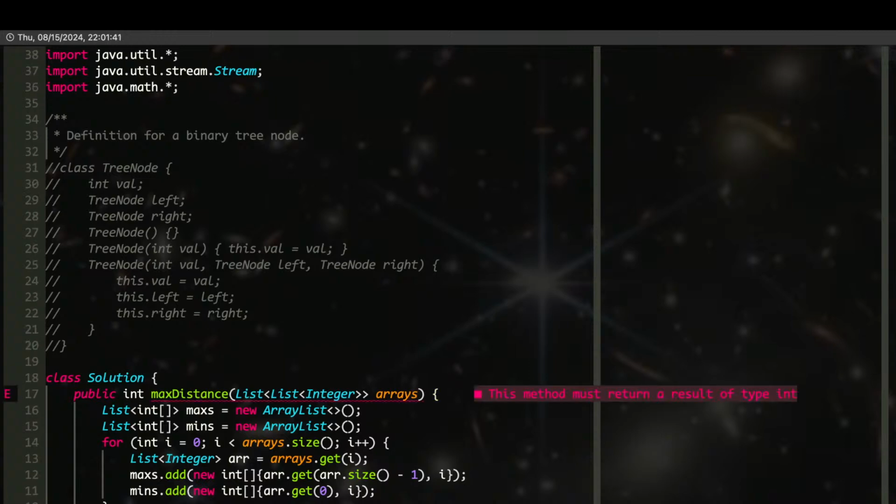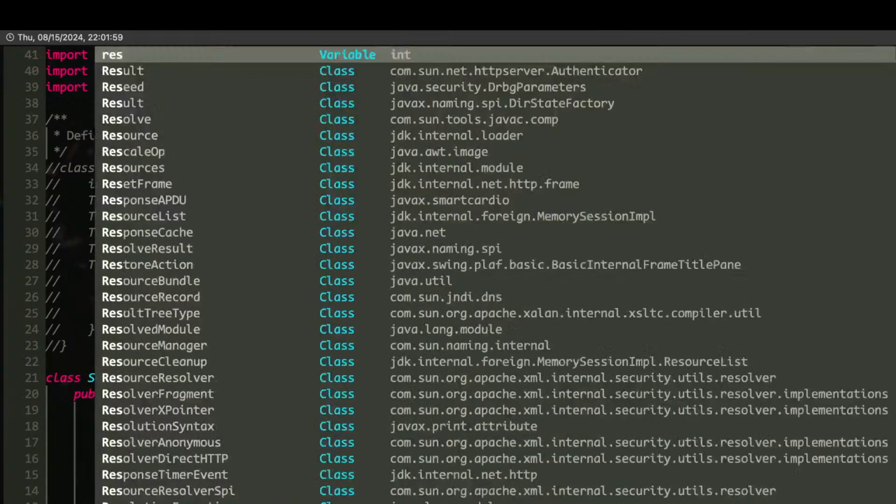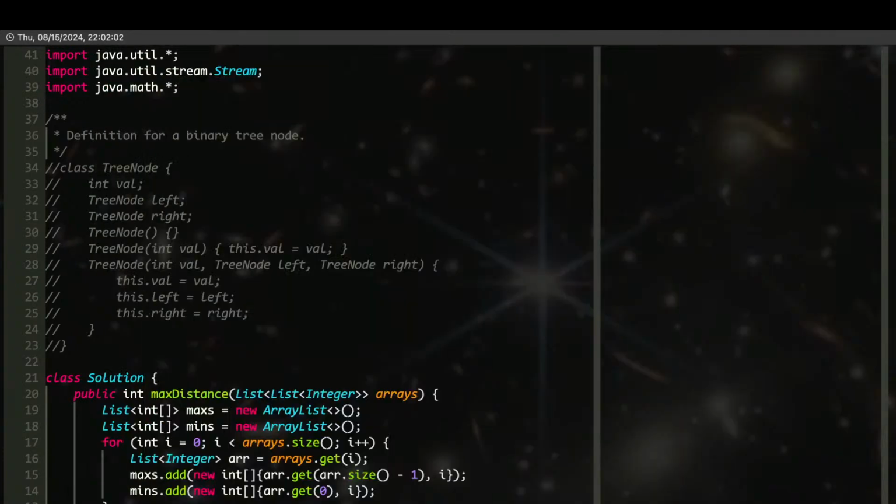Okay, and we reset i equal to 0, while i smaller than mins.size and mins.get i 1 is equal to maxes.get 0 1, i plus plus, and then res we can just return Math.max of res and maxes.get i 0 minus mins.get i 0. Okay, let's take a look.